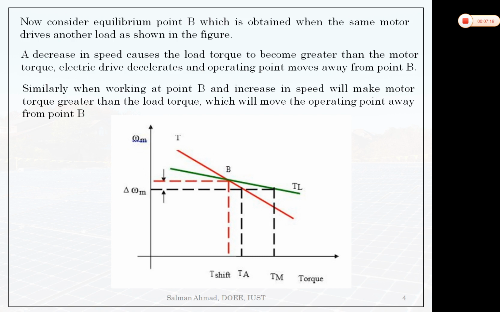You slightly decrease the speed and check the load and motor torque. Similarly, you increase the speed and check the motor and load torque. If the speed comes back to the equilibrium point, then it is a stable point. If it does not come back to the equilibrium point, it is not a stable point.